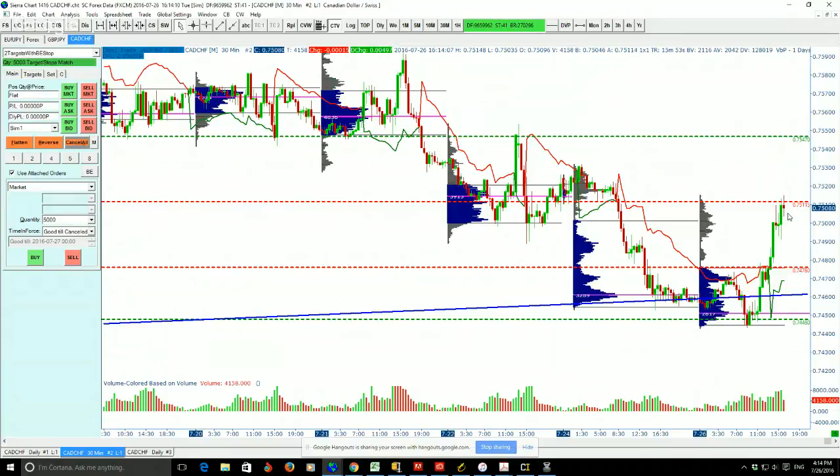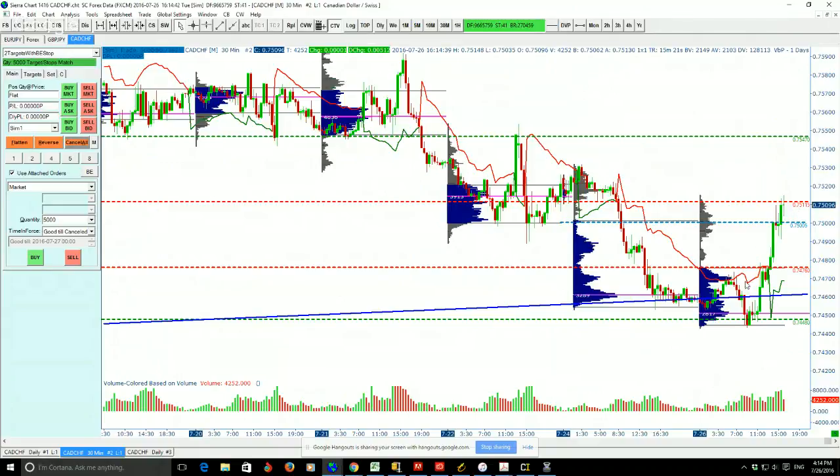What I'm expecting will happen is that price will fall back down either to this first line, to the top of this kind of value area here, or it will come back down to this area here, or go through it and then proceed to move up.